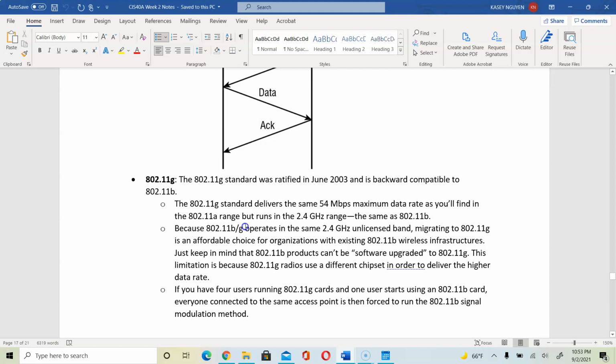So if I have a laptop that uses a wireless adapter classified under 802.11b, and I'm trying to connect to a router that is 802.11g, that router should be able to communicate with that laptop with the capability of backward compatibility.